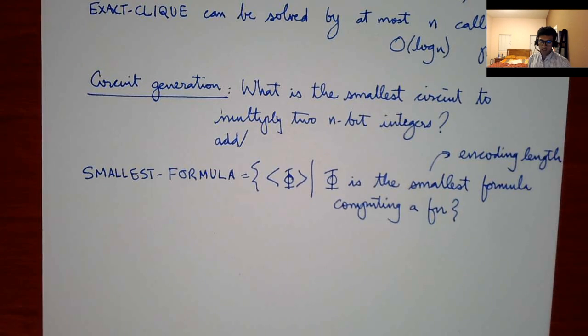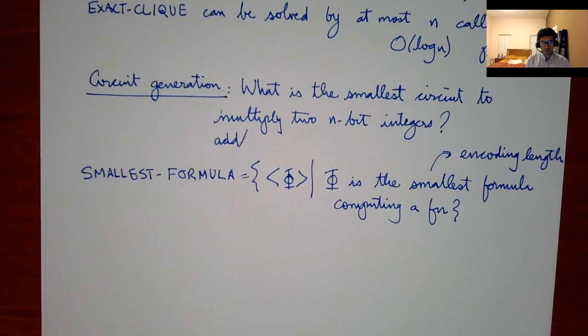Now this seems that even if you could solve SAT, it's not clear how you would construct the smallest formula. Let me express this in a different way.